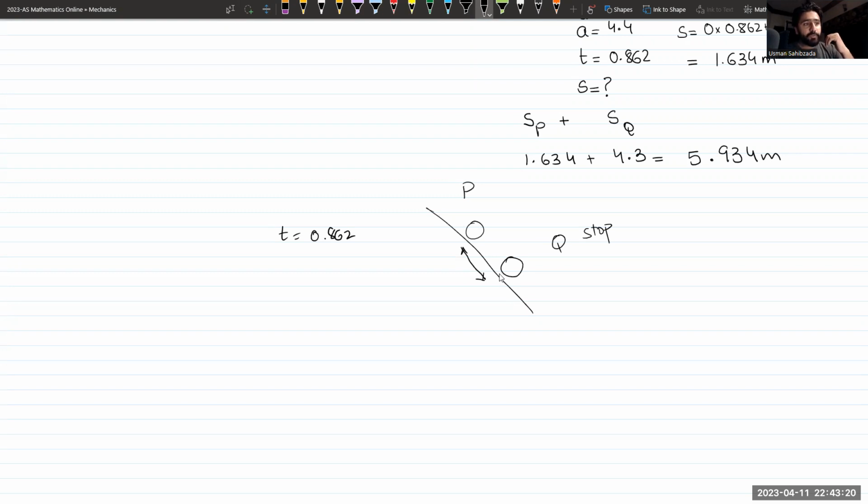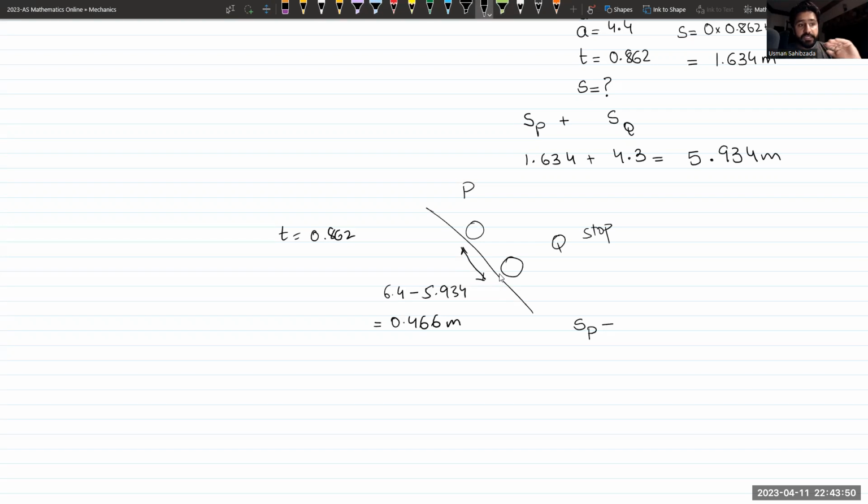The gap between them is 6.4 minus 5.934. How much distance does that come to? 0.466 meters. So Maaz Akif, when they finally hit each other, P is going to move further down.